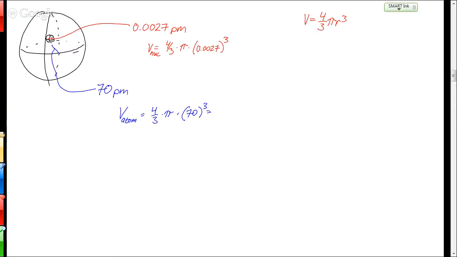For the 0.0027, I got 8.244 times 10 to the -8. All right, let me write that down. And the other one is 1.44 times 10 to the 6. All right, so 8.24 times 10 to the -8th. And we want only two significant figures here.